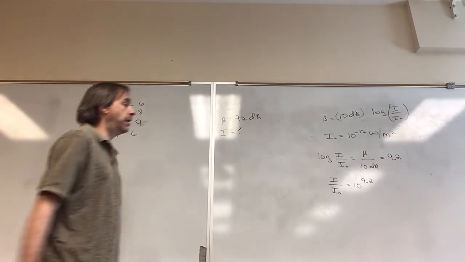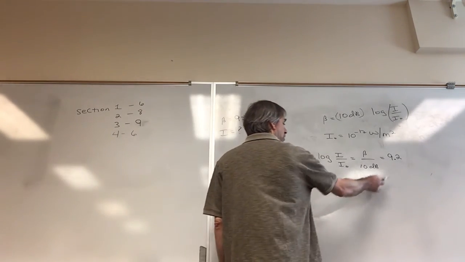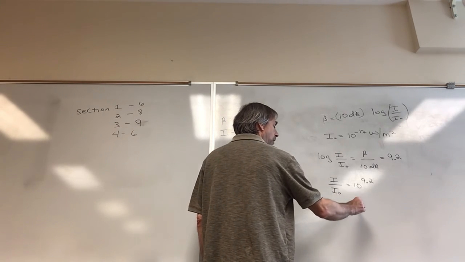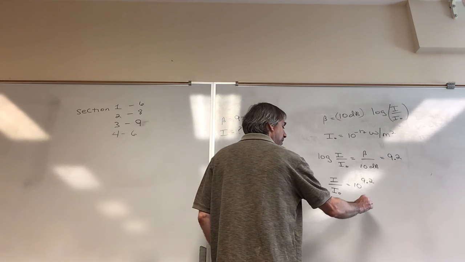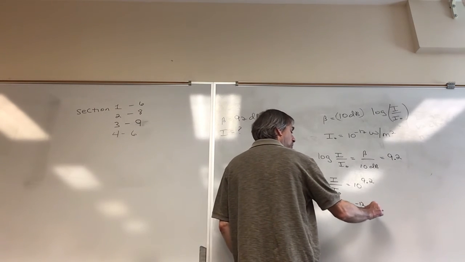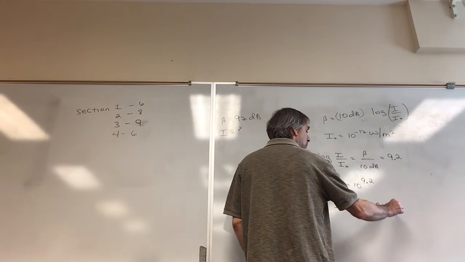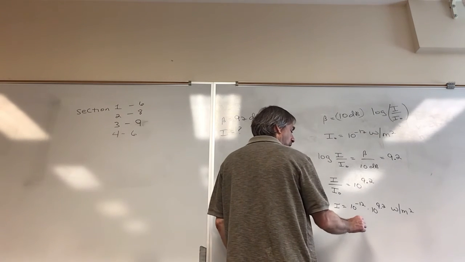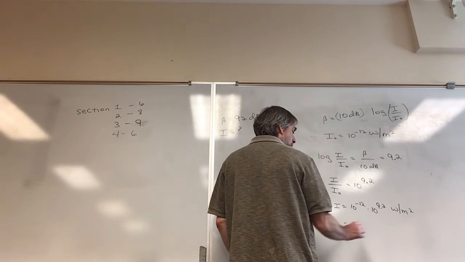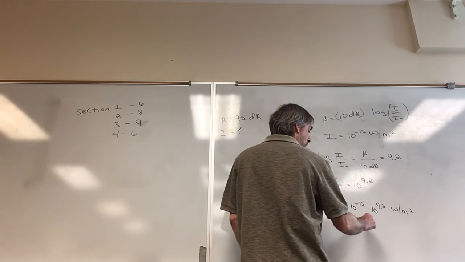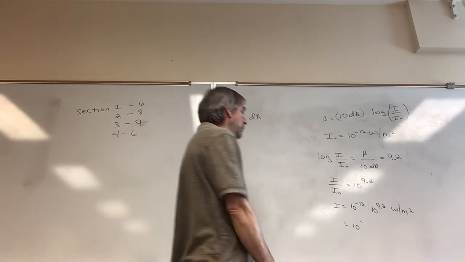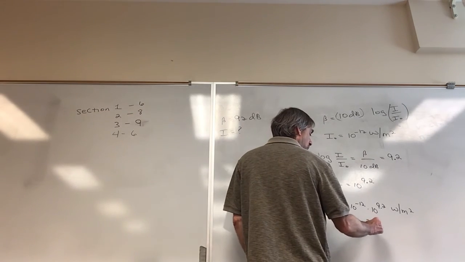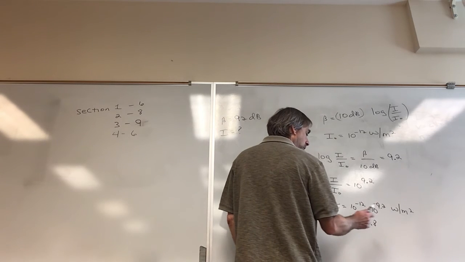And then you can just do 10 to the 9.2. Well, let's do one more step. We have 10 to the minus 12 watts per meter squared. So this would be like 10 to the minus, what is that, 2.8, or is it 1.8?